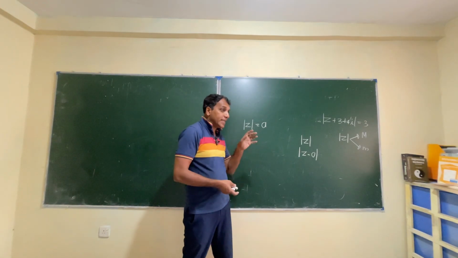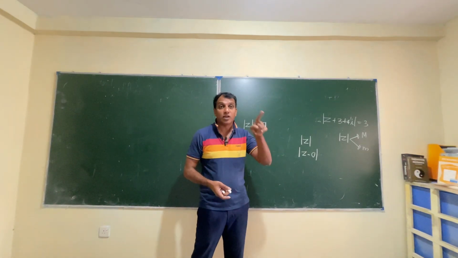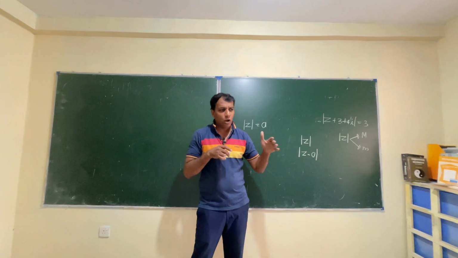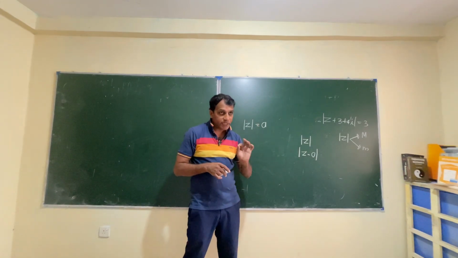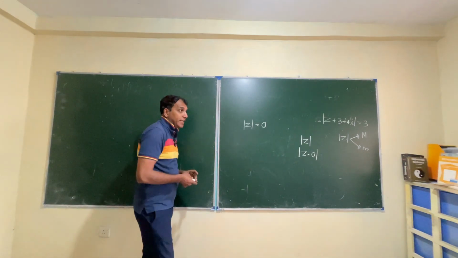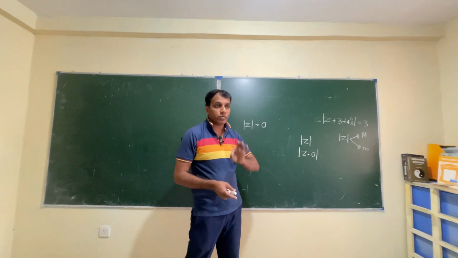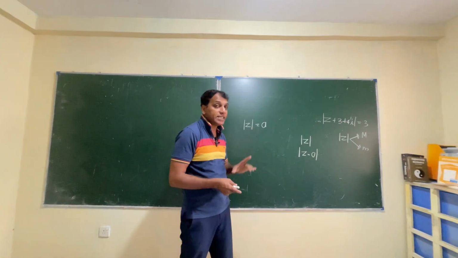This equation describes a locus on an Argand diagram. It's a circle, right? I won't go into deep learning here. Small point by point: mod z equals a means a circle where the origin is the center and a is the radius.